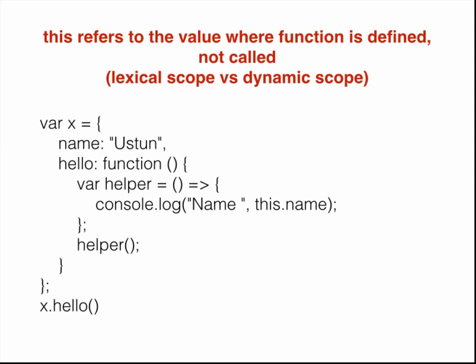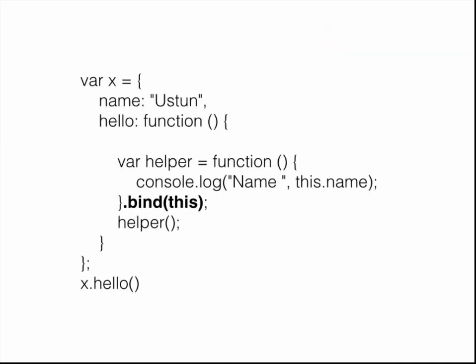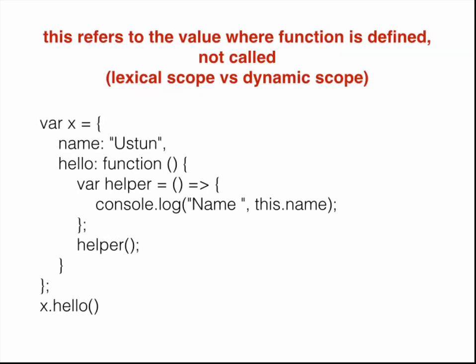However, with arrow functions, it's as if I did this binding. So with arrow functions, this will refer to as if I had a helper function here as a method of it, and I call it like x.hello, similarly. So here, could you tell me what this is, outside this function?